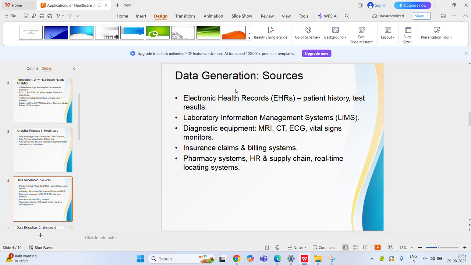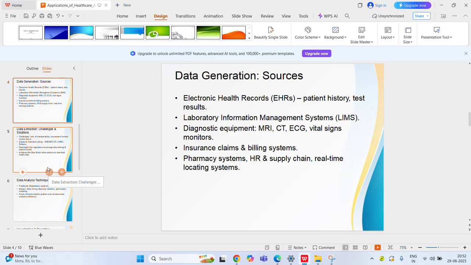Many healthcare systems now use typical enterprise-level IT systems, for example PeopleSoft and SAP, to manage their human resources and supply chains. Okay, so this is about the data generation sources, how the data gets generated.